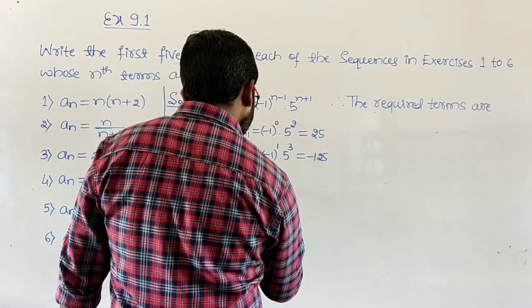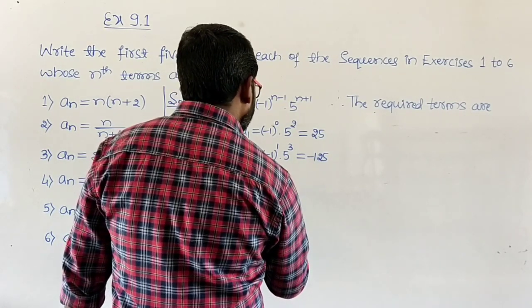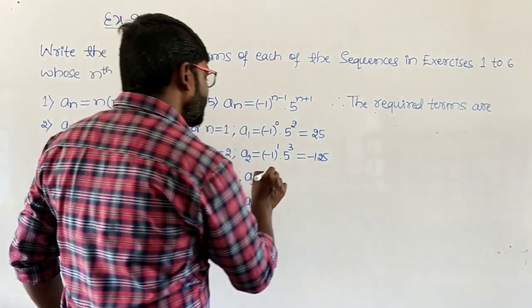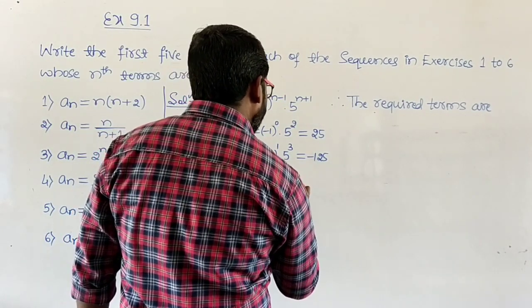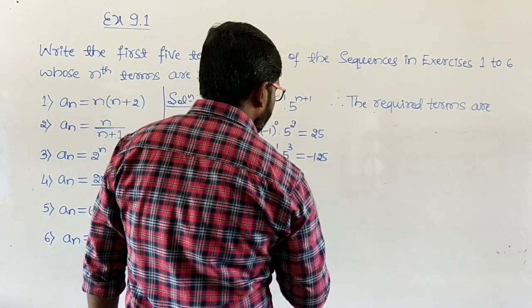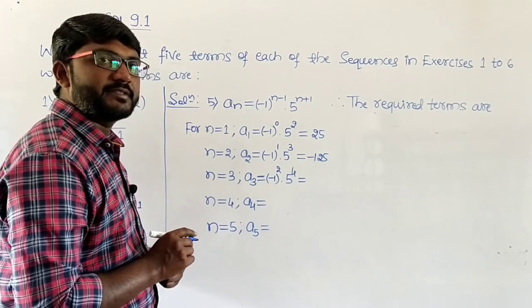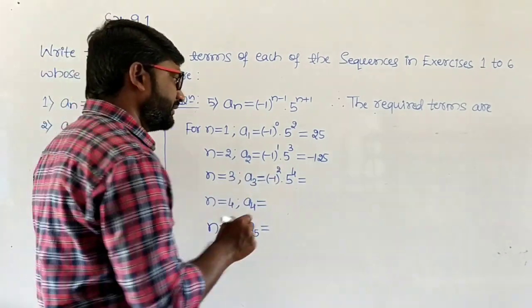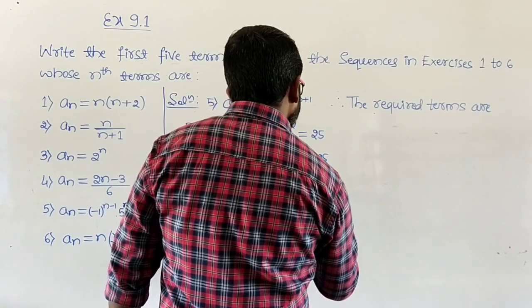Minus 1 to the power 3 minus 1, it is 2, then into 5 raised to 4. So 5 to the power 4 will be 625, 625 into 1, minus 1 to the power 2 is plus 1, you get 625.